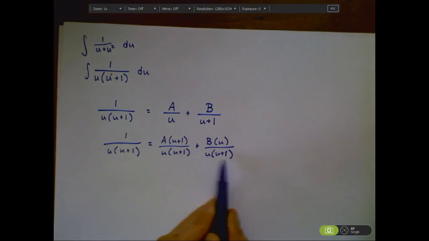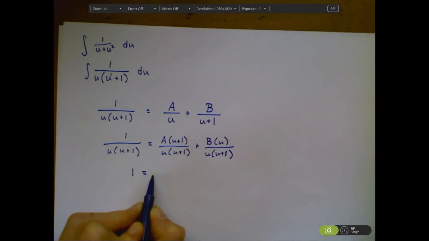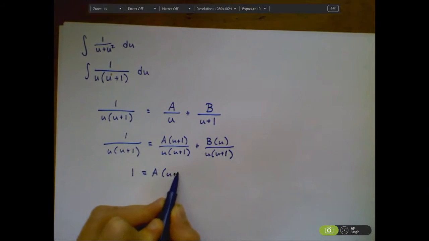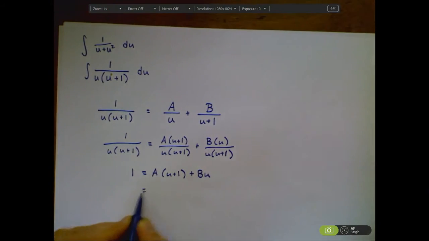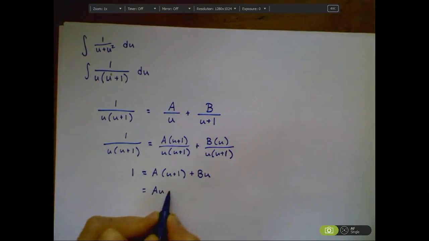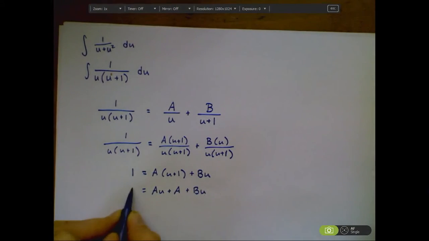And I know that the numerators all have to be equal, so 1 has to be equal to a times u plus 1 plus b times u. I'm going to distribute and see that au plus a plus bu is equal to 1.